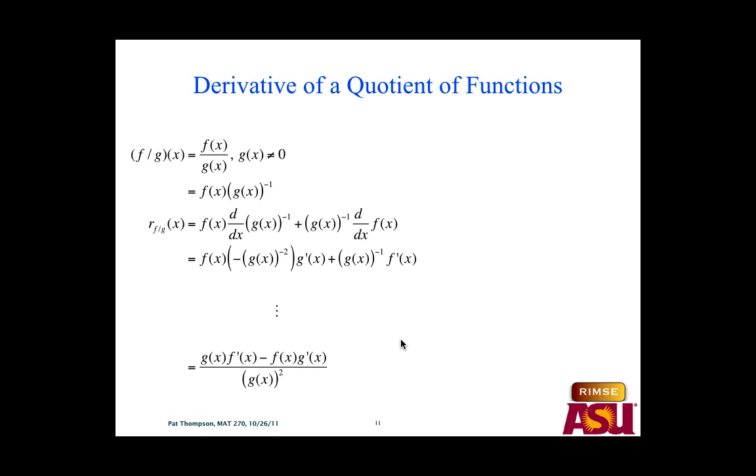The original was undefined at 0, so its rate of change function should still be undefined at 0. It's not exactly the same denominator, but it still has a denominator that involves the original denominator. So we aren't adding things to its domain by taking its derivative, which is good. We'd like the domain to still have the same exclusions as the original, because we shouldn't have a rate of change if we don't even have a function value.